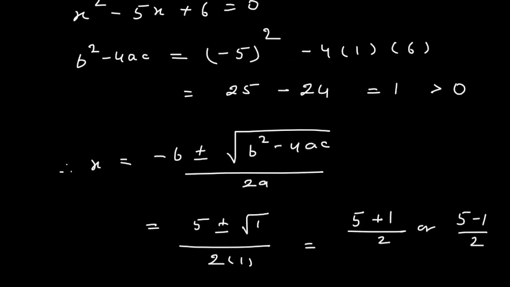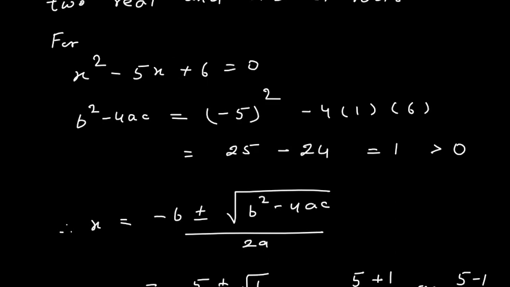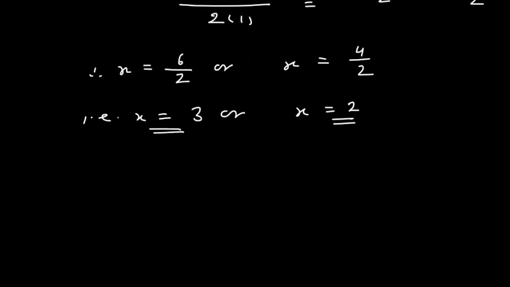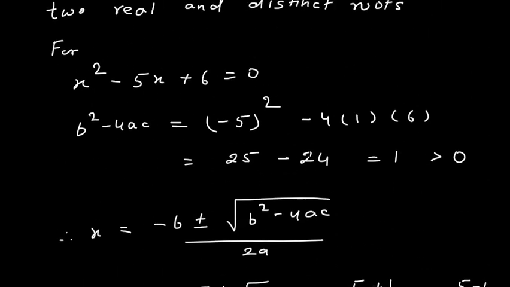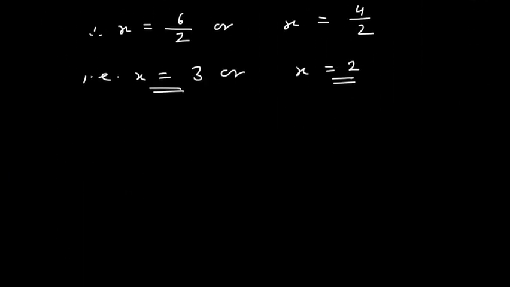So we have seen that when b square minus 4ac is greater than 0, we get two real and distinct roots, two real and separate roots. Now there is one more condition for b square minus 4ac.